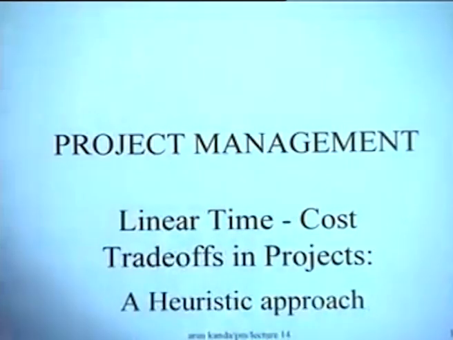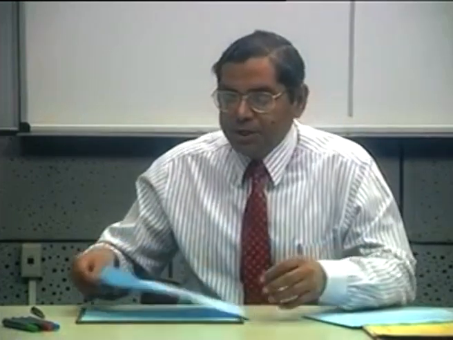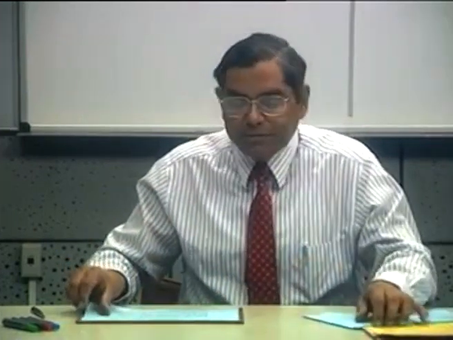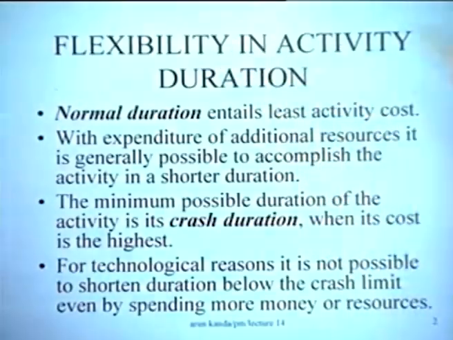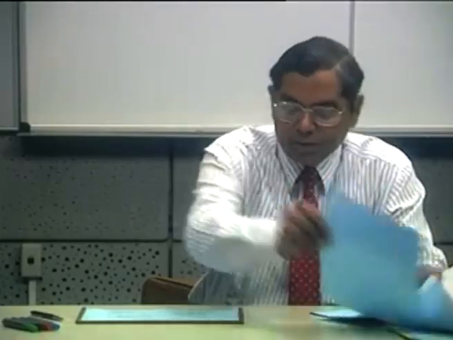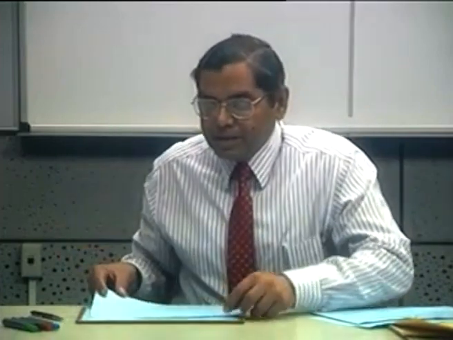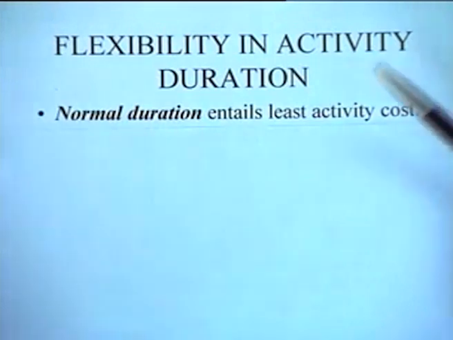Now, to introduce the subject, we must appreciate that different activities have a certain flexibility in their durations, which means that there isn't always a fixed duration in which the activity can be carried out.